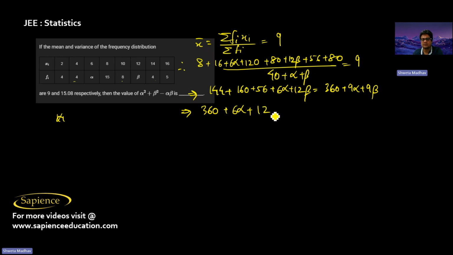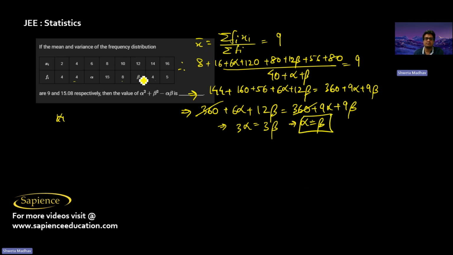So 360 plus 6 alpha plus 12 beta is equal to 360 plus 9 alpha plus 9 beta. 360 will get cancelled, so 3 alpha is equal to 3 beta, so therefore alpha equals beta. So this beta I can call it alpha only.